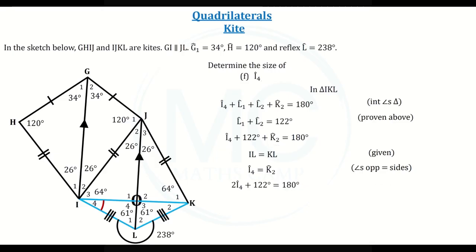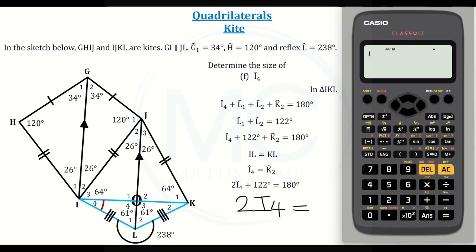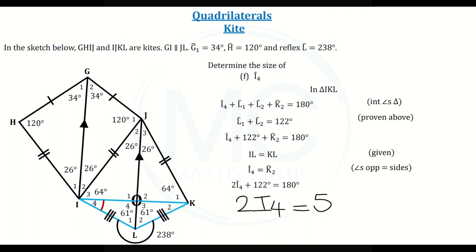And now we can solve for angle I4. Let's subtract 122 from both sides. On the left, we have 2 multiplied by angle I4 is equal to, now let's take our calculator, 180 minus 122 is equal to 58. So 2 multiplied by angle I4 is 58 degrees.